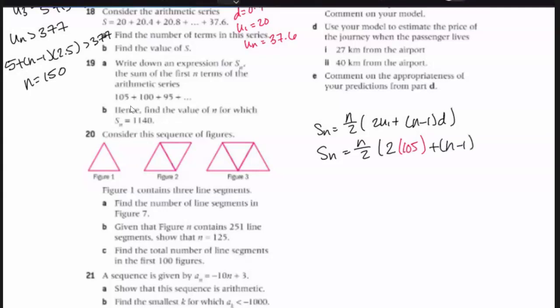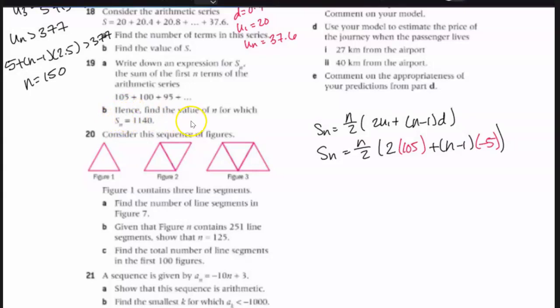I know my common difference because I can look at it. Notice it goes from 105 to 100, 95. It is decreasing by 5, so my common difference is negative 5. And that is my general formula.